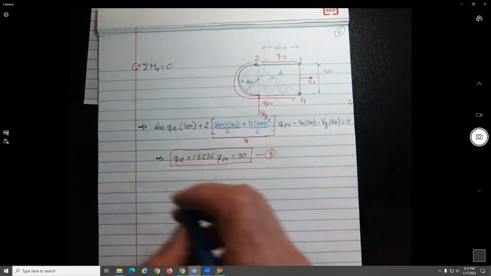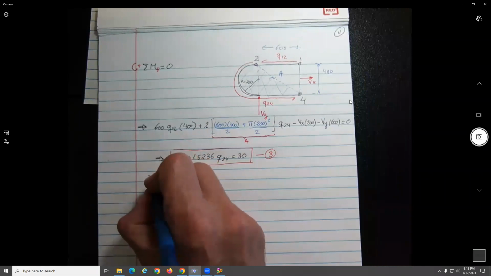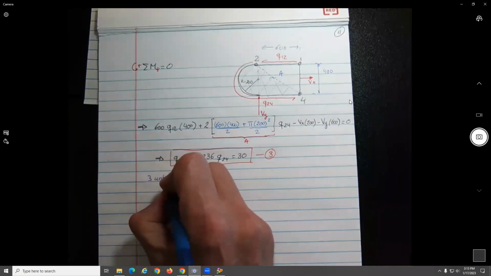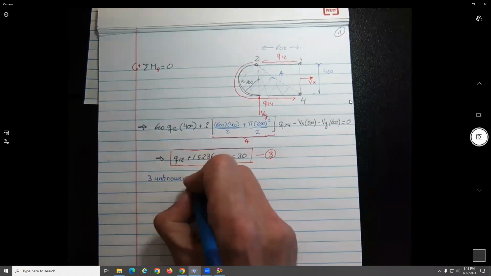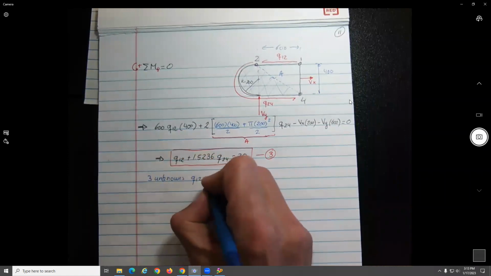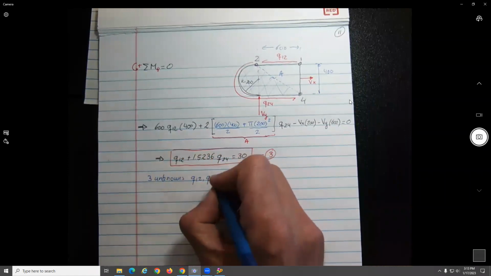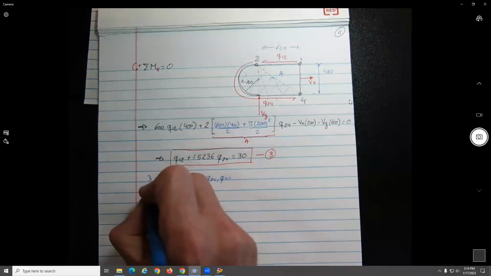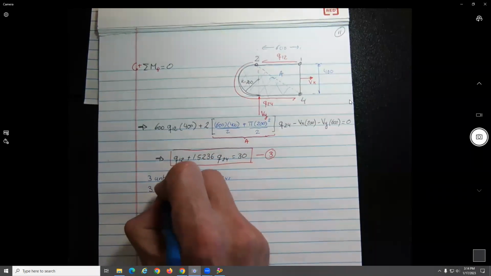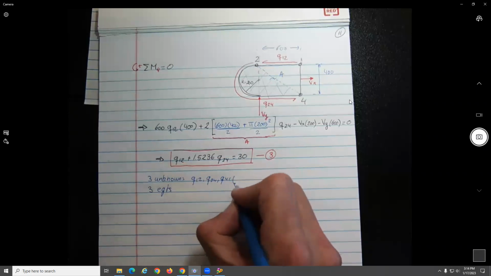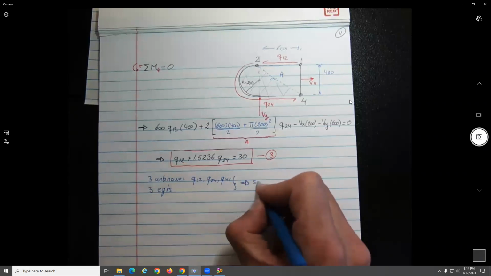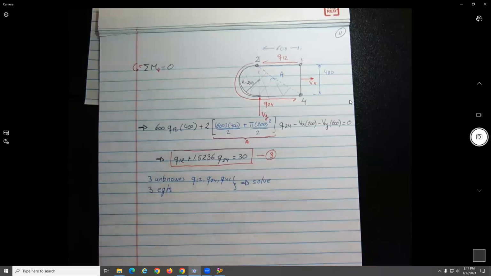So that means what? That we have our 3 unknowns, Q12, Q24, and Q41. We have 3 equations. So what can we do? We can go and solve.